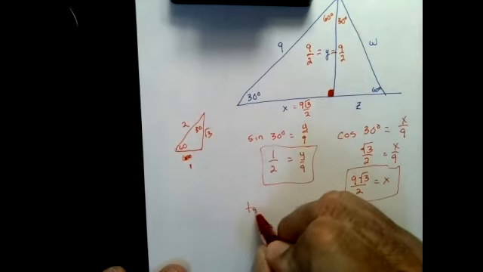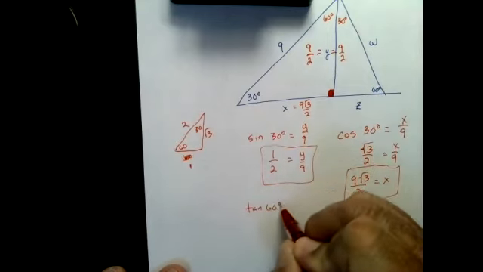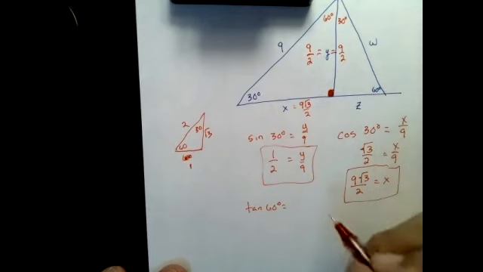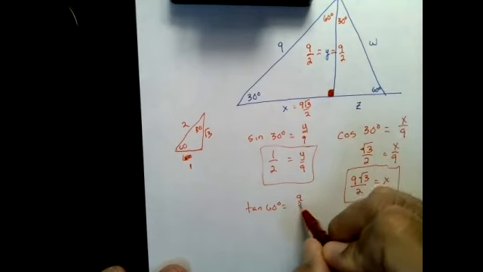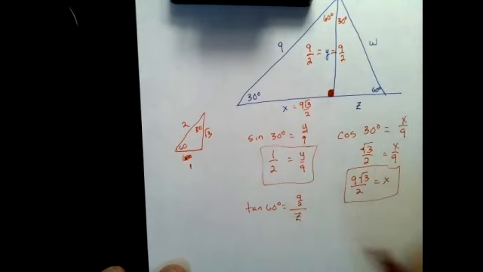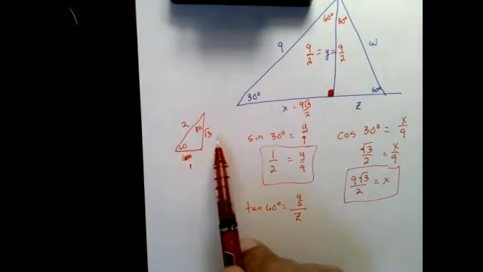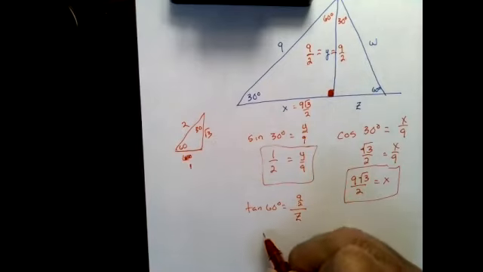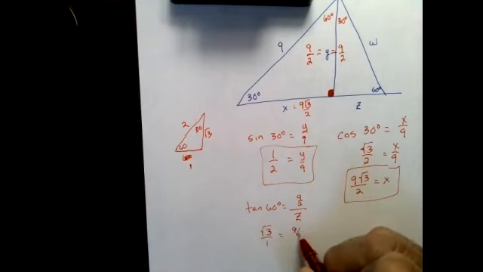Tangent of 60 degrees equals 9/2 divided by z. Well, these weren't the prettiest of numbers to work with, were they? Well, the tangent of 60 is square root of 3 over 1. So square root of 3 over 1 equals 9/2 divided by z.